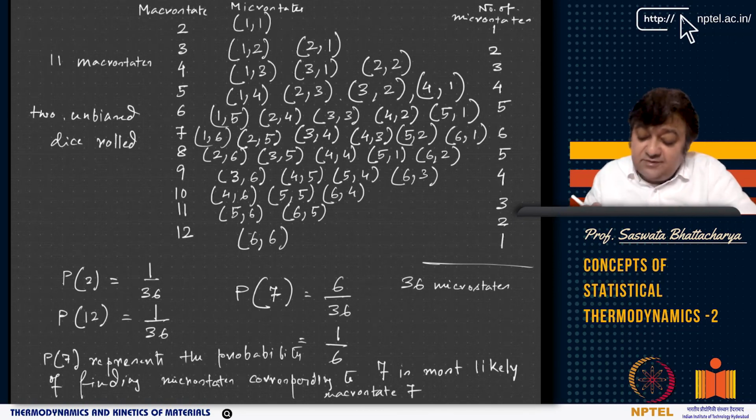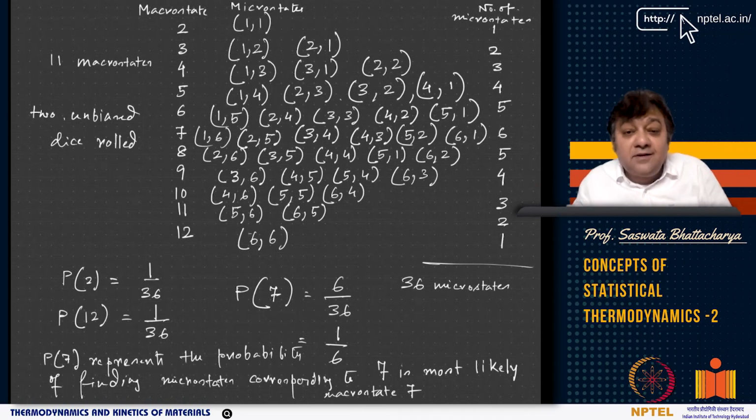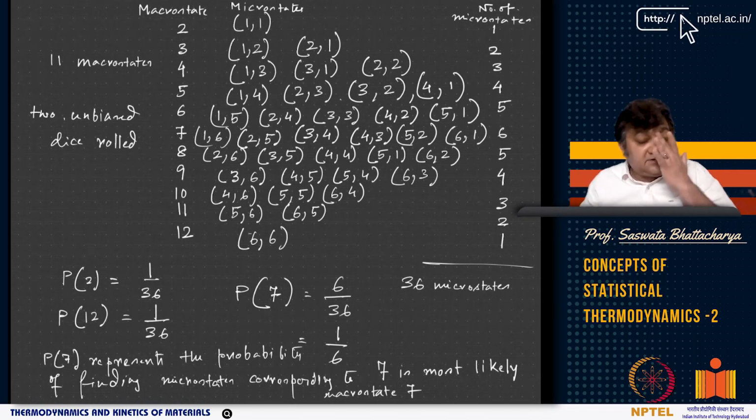So it is the most probable combination that we will see. However, 12 and 2 are both the least probable combinations, with the same very low probability, 1 by 36.